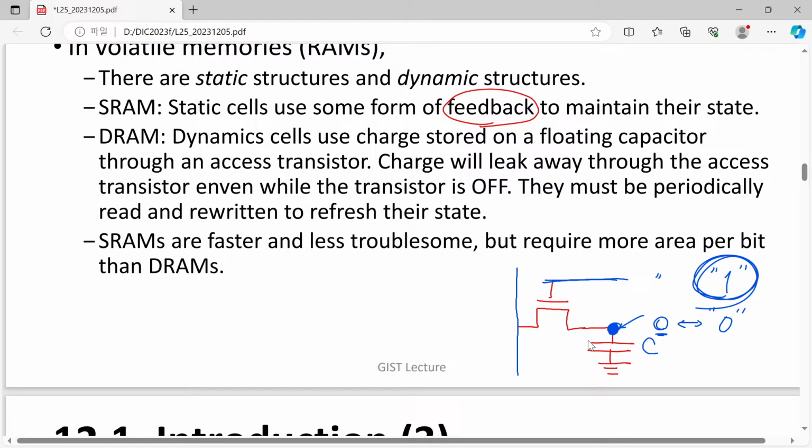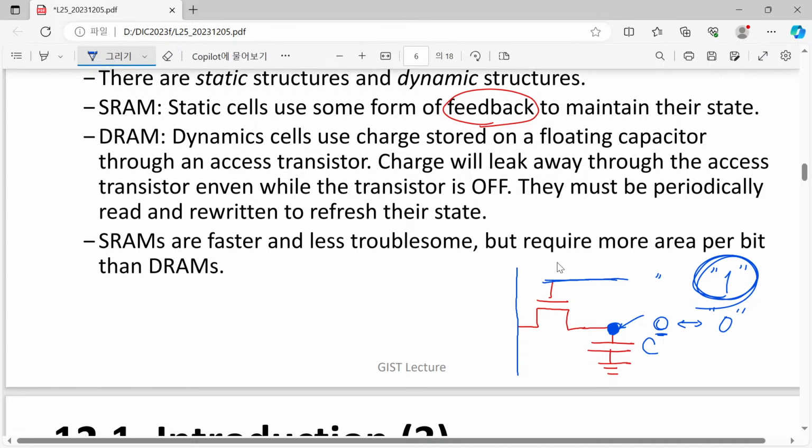So now you understand the only way to charge this node is to apply a high gate voltage to this MOS transistor, so that you have a connected, turned-on channel, and keep this node voltage high.